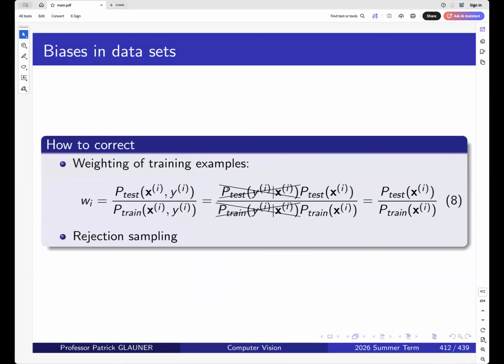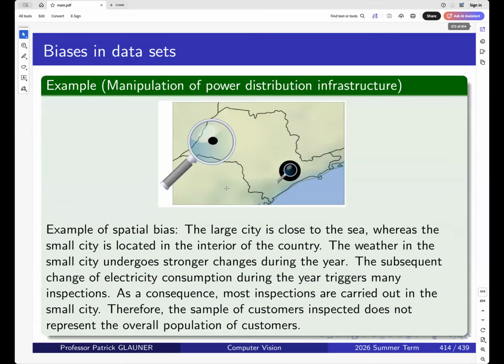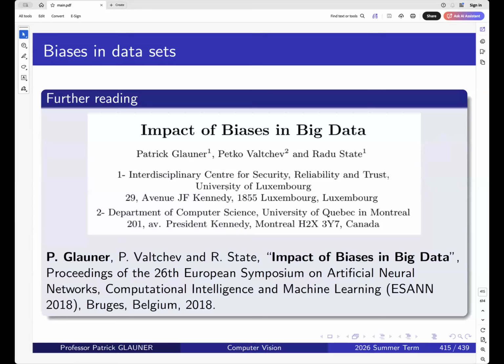I also came up with some of this stuff. If you're curious about learning more about biases in data sets, I wrote a paper during my PhD time, which was then also part of my PhD thesis, called Impact of Biases in Big Data.